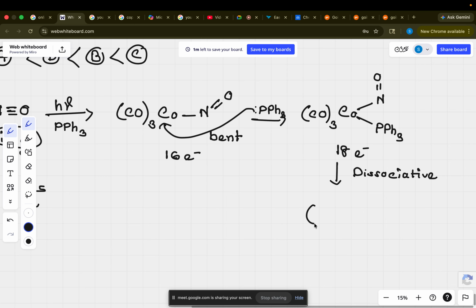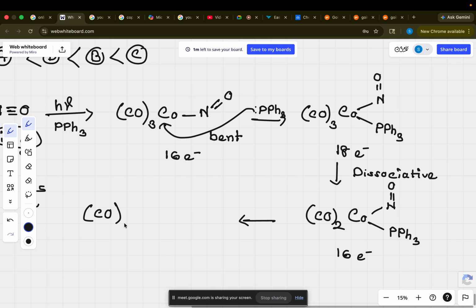So now you will get Co(CO)2, then cobalt, with this bent nitrosyl. If one of the CO leaves, it again becomes 16 electrons, and what will be the last step, can you tell me?